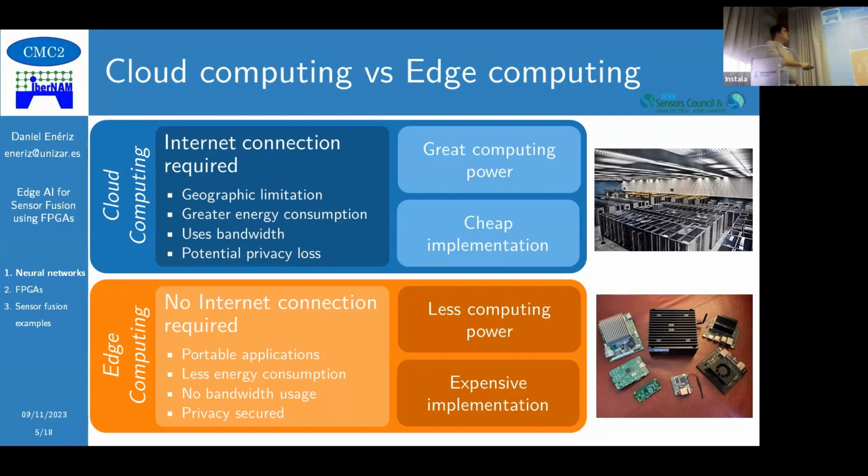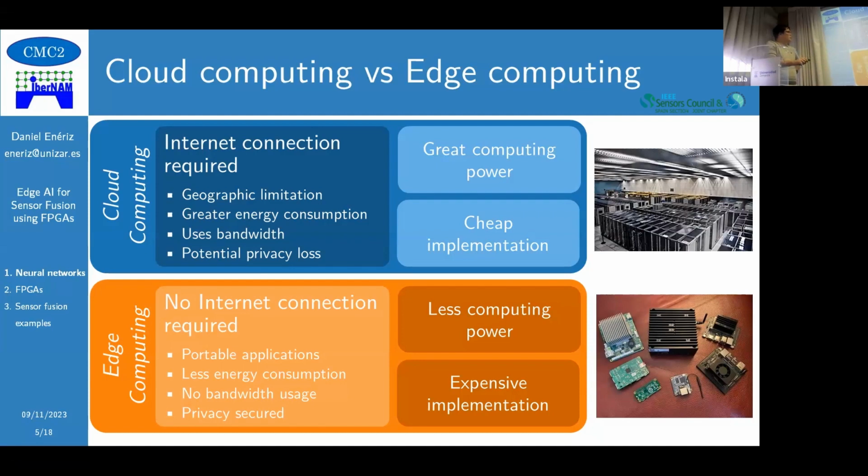The alternative is to use the edge computing paradigm, which is the implementation of your models next to the application in a small hardware, which is low power and also low end. Under this idea, you have to optimize your implementations really well, because the computational capabilities of this kind of hardware are much lower compared with those of data centers.